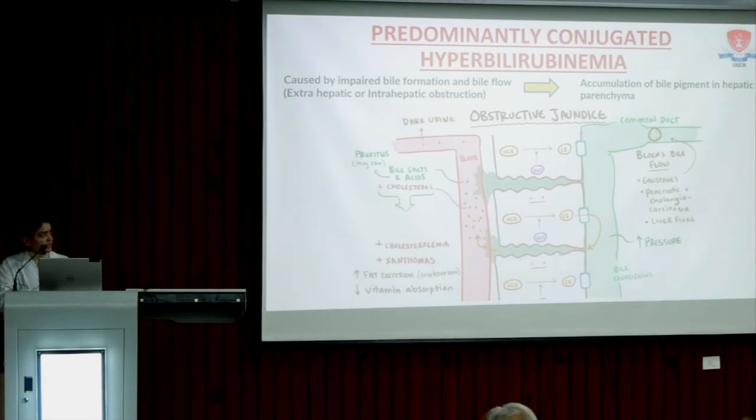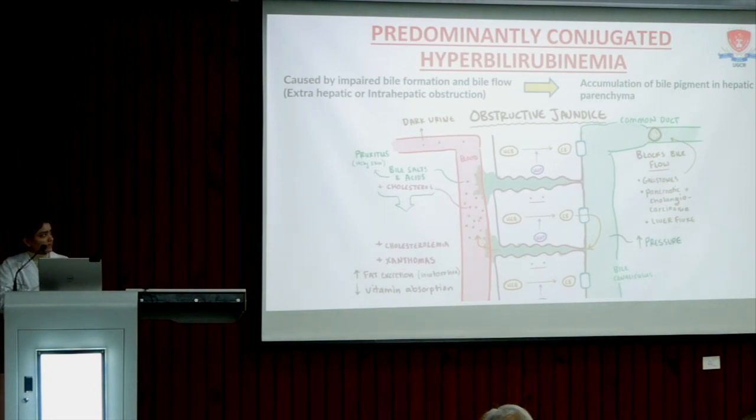So there is increased pressure in the bile canaliculi. The bile leaks through the tight junctions between the hepatocytes lining the bile canaliculi and enters the interstitial spaces, ultimately reaching the blood vessels. This would lead to conjugated hyperbilirubinemia and dark urine.